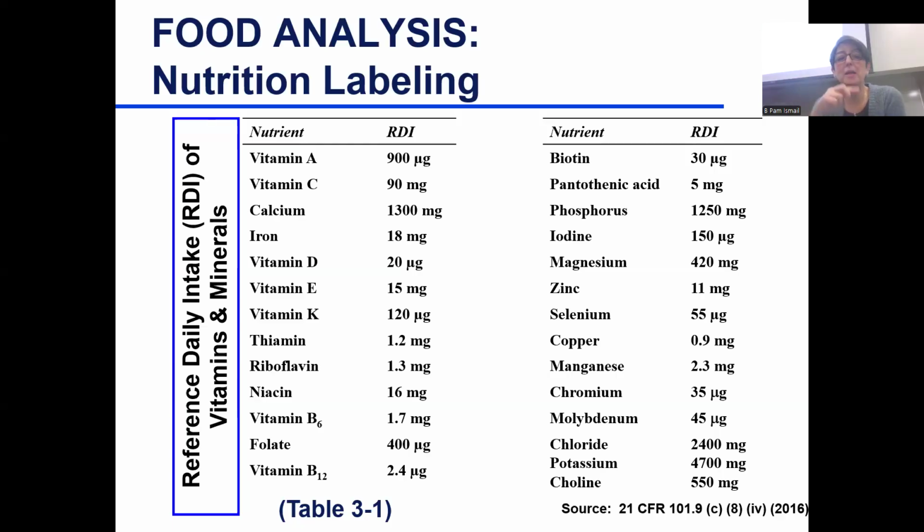Depending on the age group and whether it's female or male, you might have different requirements of certain vitamins and minerals. But this is usually for an adult, and they usually go with an adult female. So for example, iron, 18 milligrams, is usually for an adult female. I think for an adult male it's about 9 milligrams, but they shoot for the highest possible. And that's what would be the target for your percent daily value.